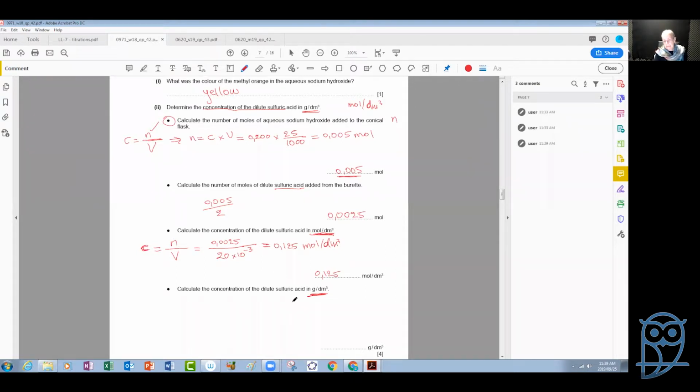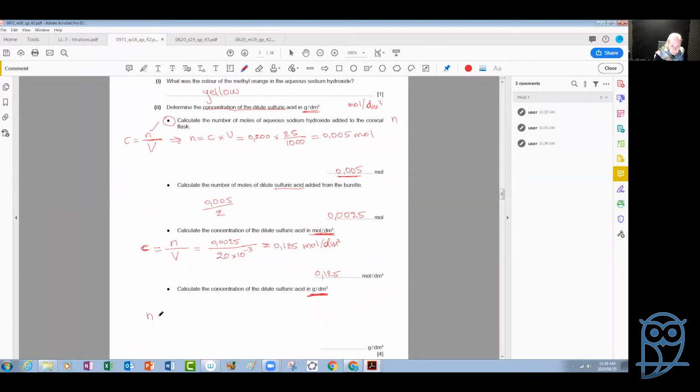And now the last step, finally, we are going to find the concentration of the same sulfuric acid in grams per cubic decimeter rather than in moles. Well, first of all, how does the amount of a substance relate to the mass of the substance?